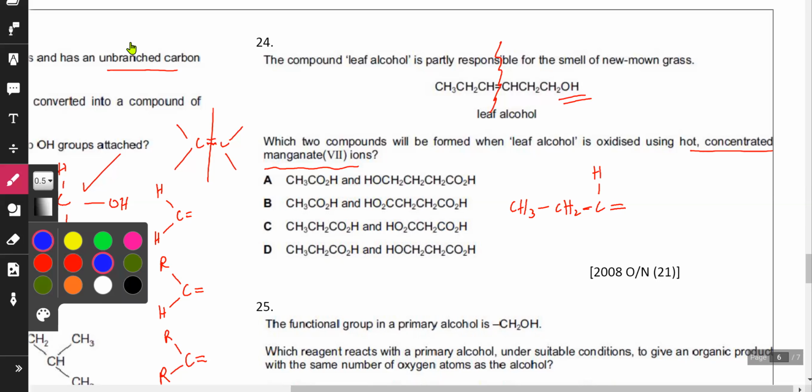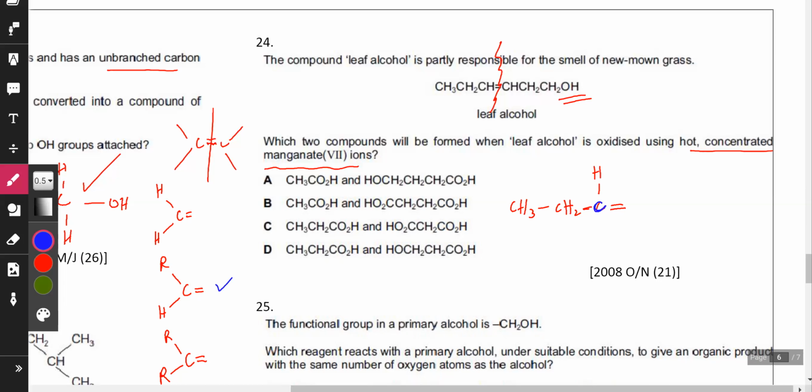The second, it's the second one. This one would change into a carboxylic acid. So this particular carbon atom would change into a carboxylic acid. Remember this is a carboxylic acid. This is the oxidation of alkenes. So it's either going to be C or it's going to be D.